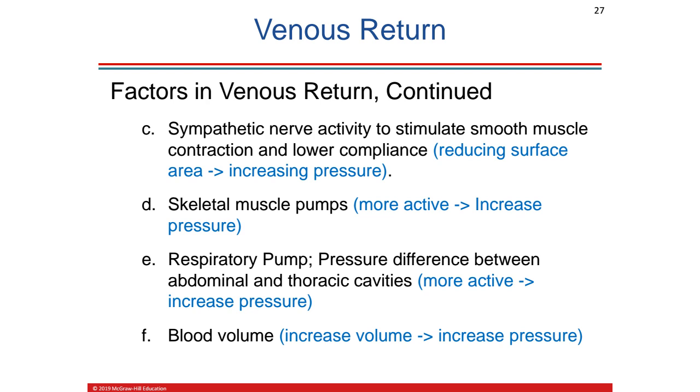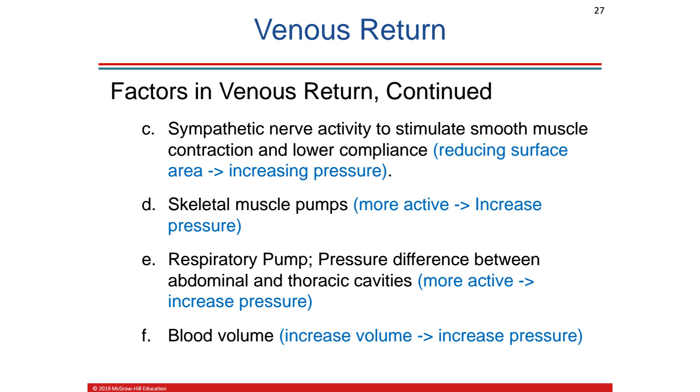Additionally, let's take another situation. You have a person who's running, and so they need a lot of cardiac output. To keep mean arterial pressure high, they need blood coming back to the heart. Conveniently, as you run, the skeletal muscle pumps are very active. We talked about this previously. These pumps are formed by chambers within the major veins, which are deep within your legs and in your arms.